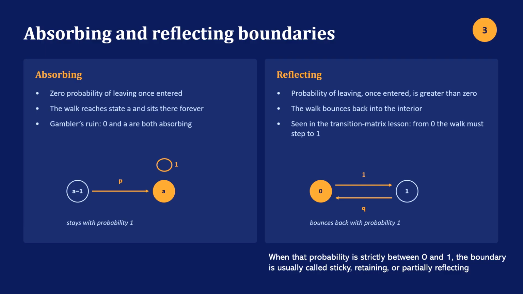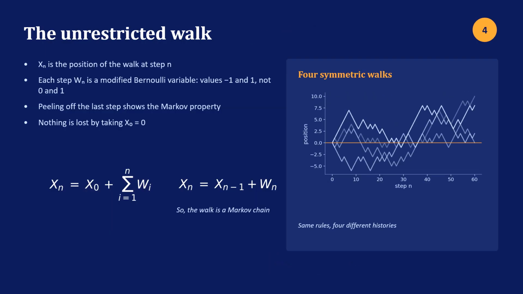Let's continue. So let's look into the details of the unrestricted walk. Let x sub n be the position of the walk at step n. Each step, w sub n, which is basically a random variable, is a modified Bernoulli variable with values -1 and 1.